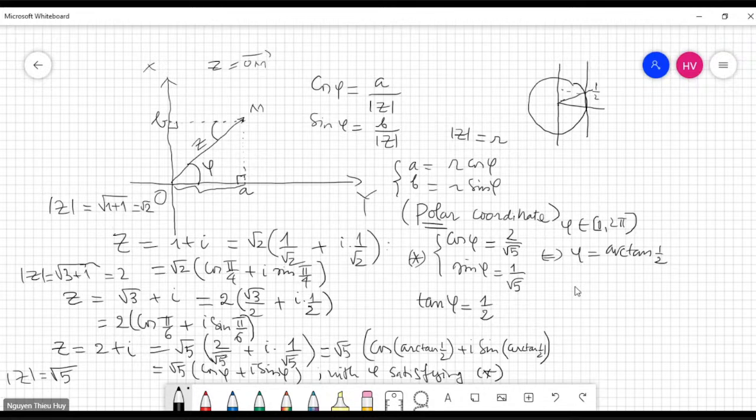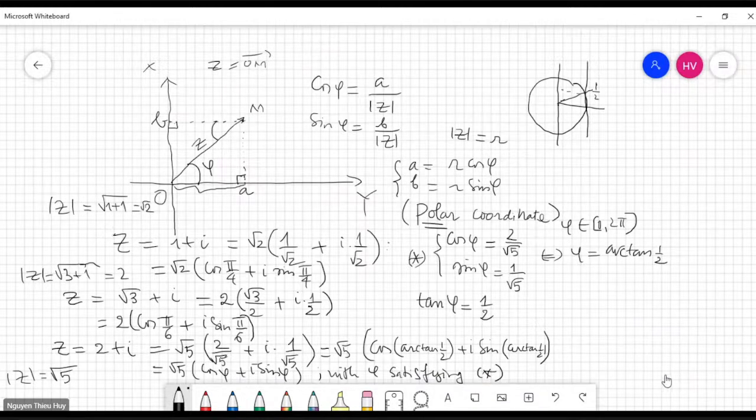Actually, come what may, we can always write a complex number in polar form. Whatever z is, we can always write z in polar form, right? And it's very helpful because in the next slide you will see it's very important that we change to the polar form so that we can do some complicated algorithms, you know?